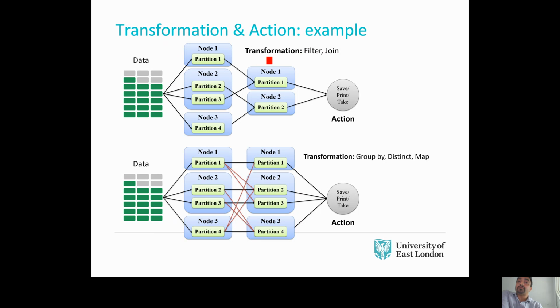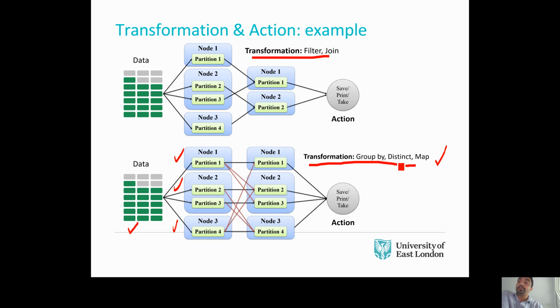Guys, we have two types of transformations. Few of them here: transformation is going to be with map or distinct or group by. Guys, if you have your data and you split it across 3 nodes, right? These 3 nodes can be 3 memories, can be 3 workstations, and so on. And each node is going to keep a partition of your data.